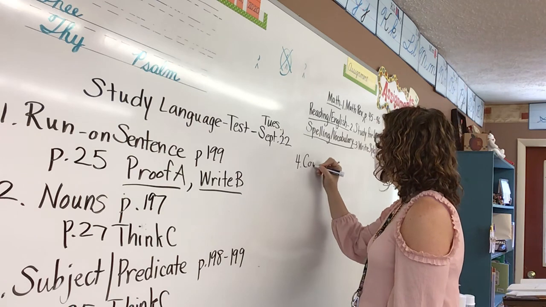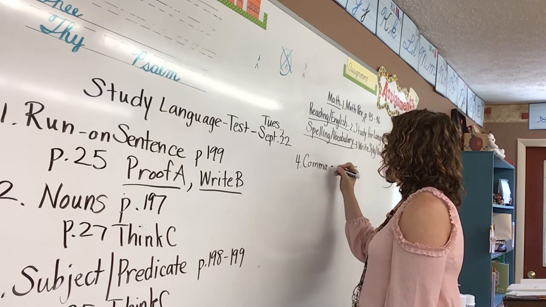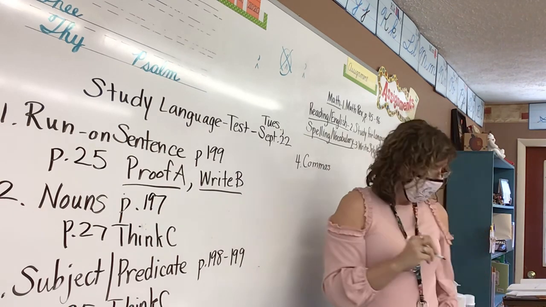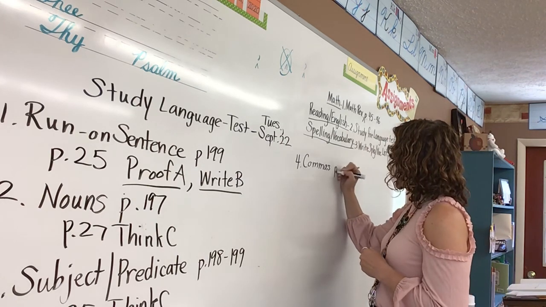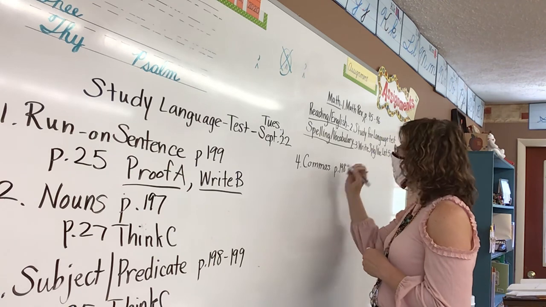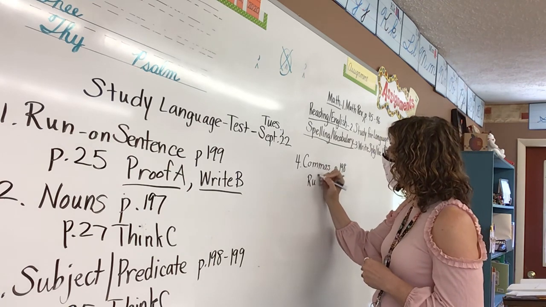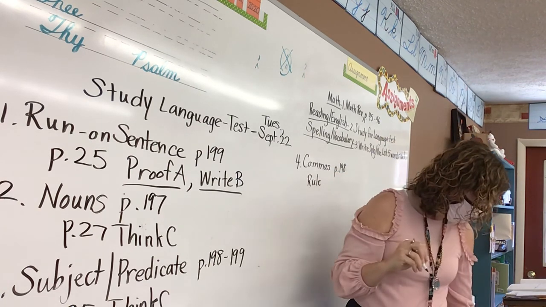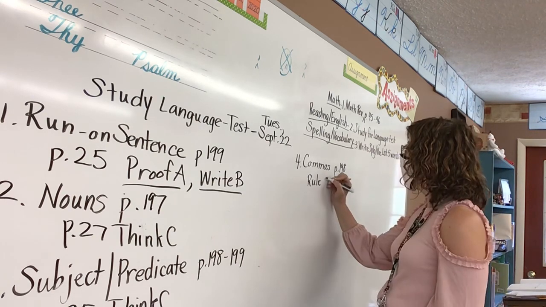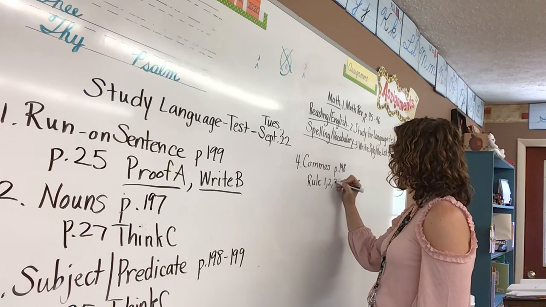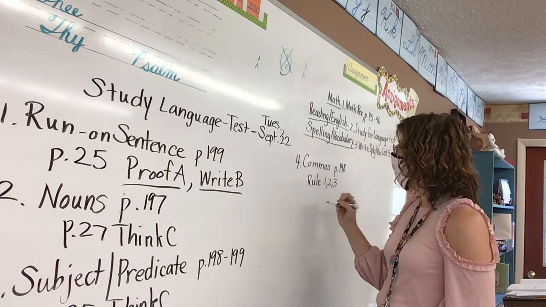So number 4 is commas. All right? And the comma rules are on page 198. And you just need rule 1, 2, and 3 on that page.